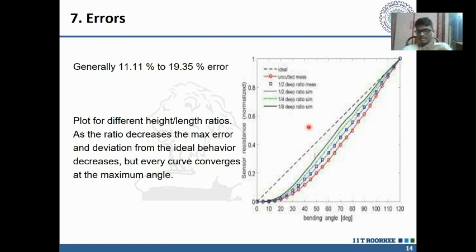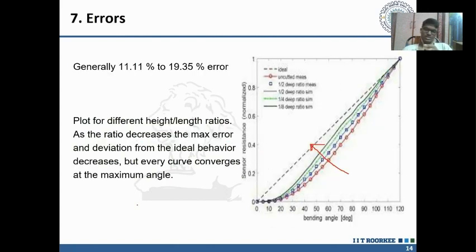As the H by L ratio decreases, the error is also decreasing. But every ratio has the highest error at the lowest angles, and the least error at the highest angles. As the ratio decreases, the error also decreases here.